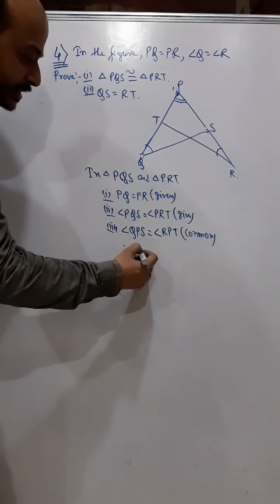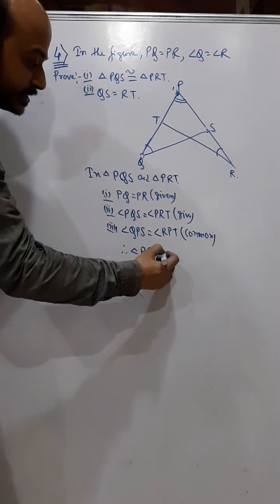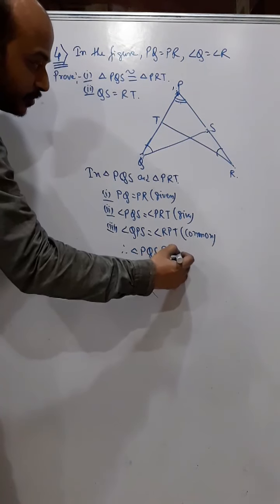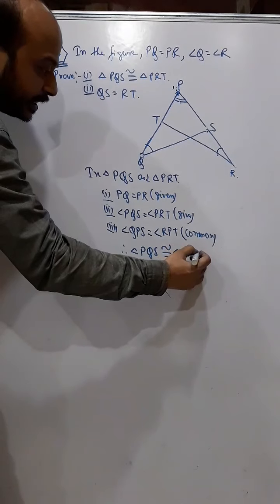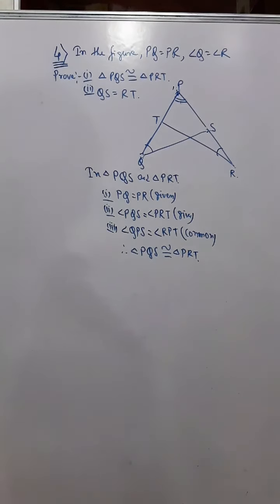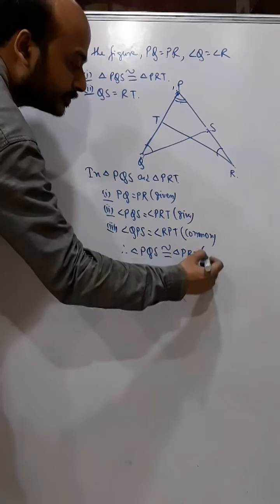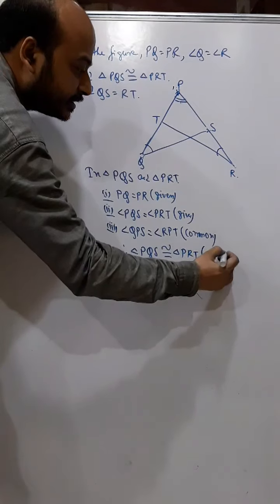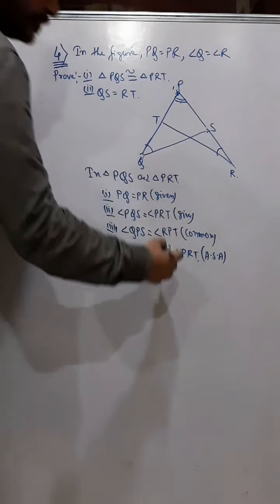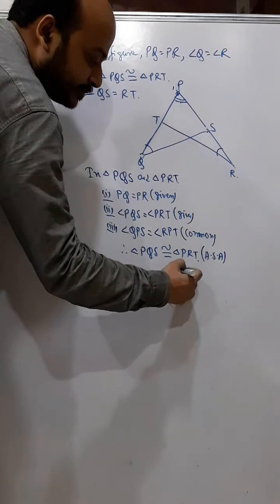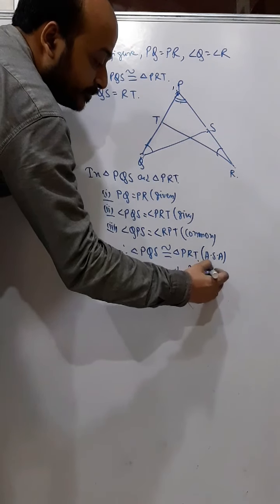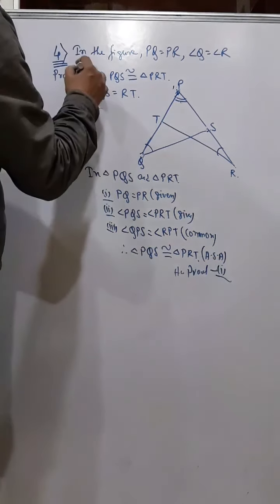And now we can say triangle PQS is congruent to triangle PRT. And what was the criteria? That's angle side angle, right? So angle side angle, and therefore we can say hence proved, and we'll write number 1.